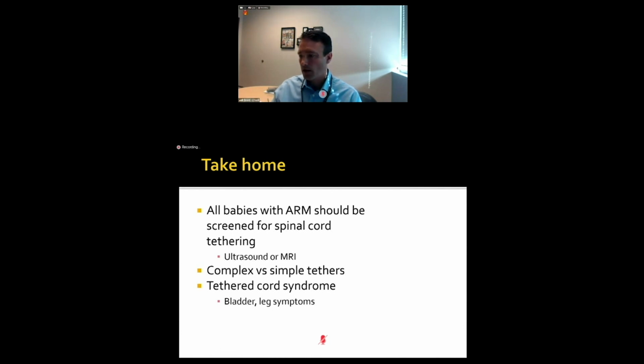And then the symptoms of the tethered cord syndrome are mostly related to bowel and bladder function and then to the feet and leg symptoms. And finally, retethering can occur, but only in those complex lesions. It's a difficult diagnosis and one that you definitely need a team to work with and to discuss those things with.